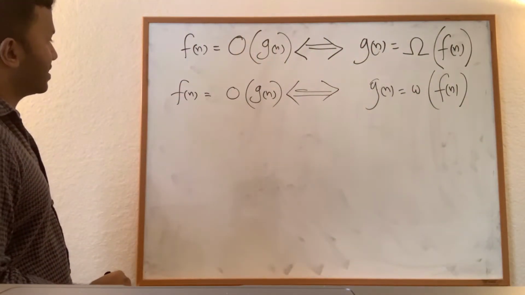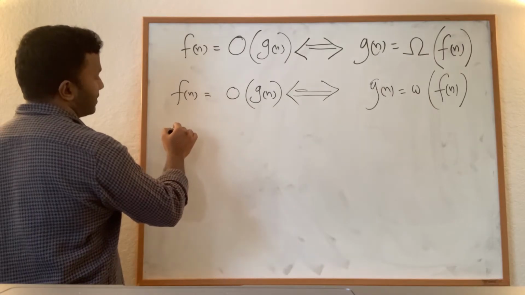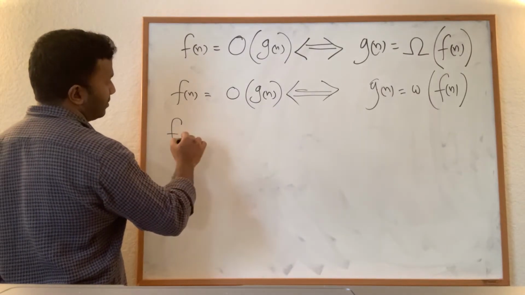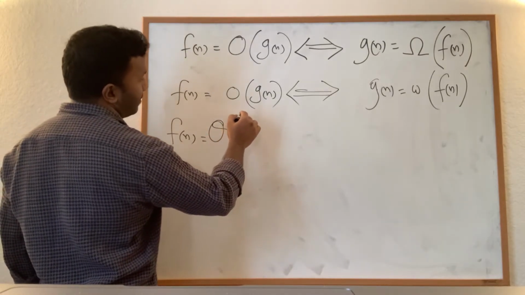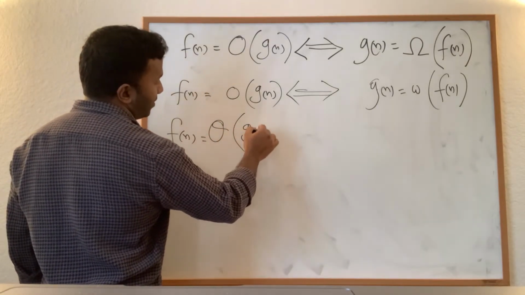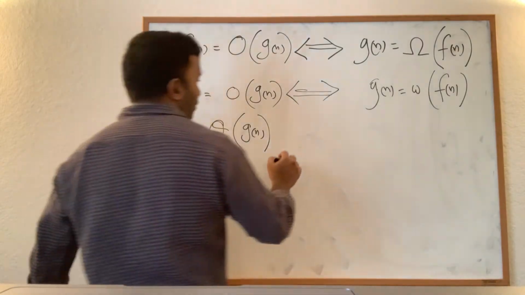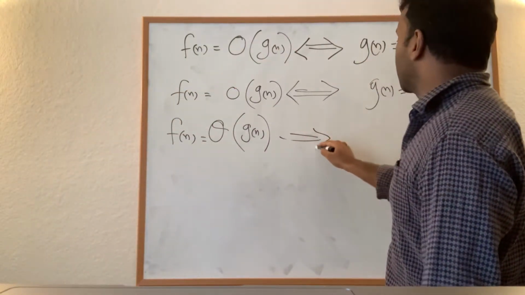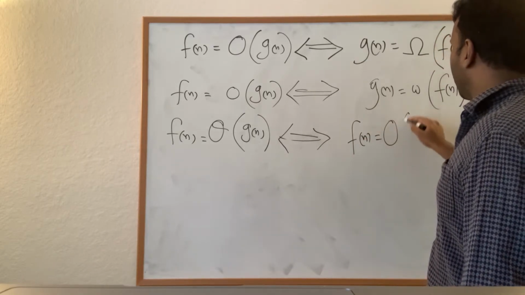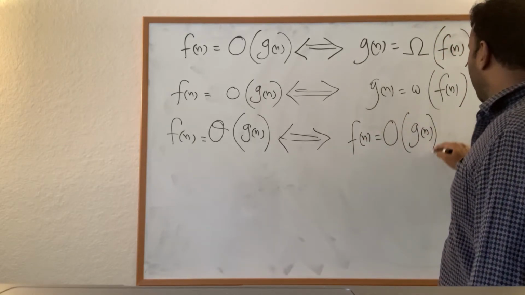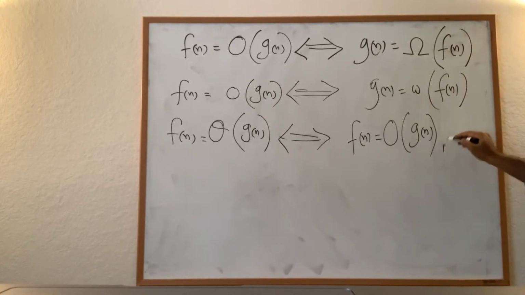And another thing you can say is, if somebody says f of n is theta of g of n, what you can immediately say is f of n is equal to big O of g of n, and g of n is equal to big O of f of n.